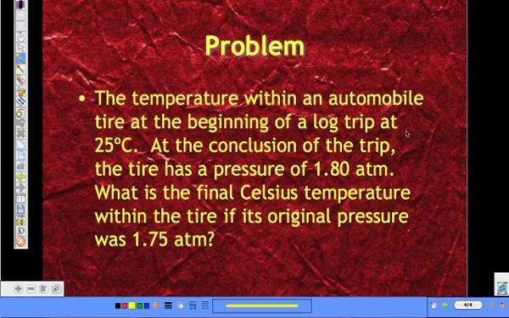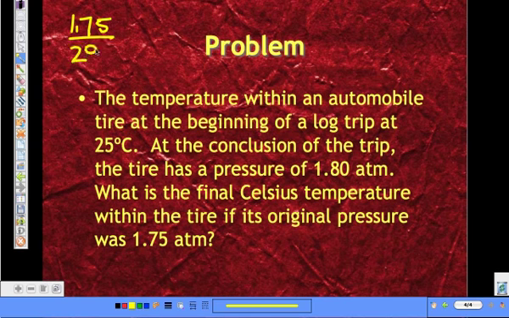The temperature within an automobile tire at the beginning of a long trip is 25 degrees Celsius, and at the conclusion of the trip, the tire has a pressure of 1.8 atm. What's the final Celsius temperature within the tire if its original pressure was 1.75? So what would be P1? 1.75. What's T1?